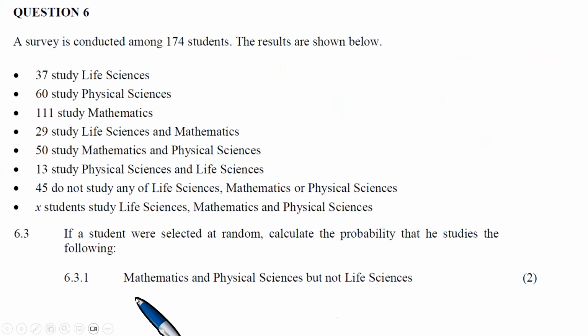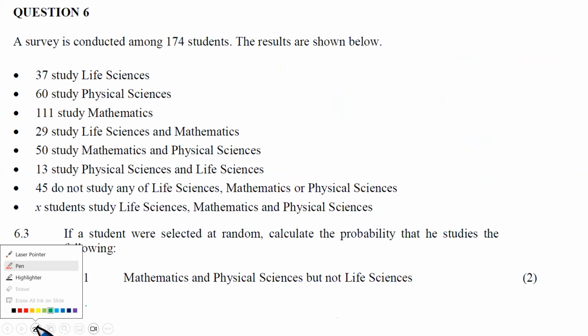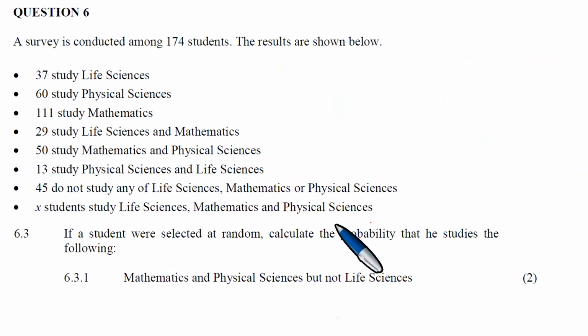Right, there are some questions asking us to calculate the probability. So let us deal with the probability. If a student was selected at random, calculate the probability that he studies the following: mathematics, physical sciences, but not life sciences.